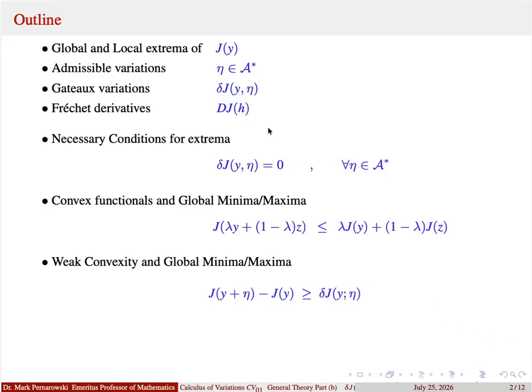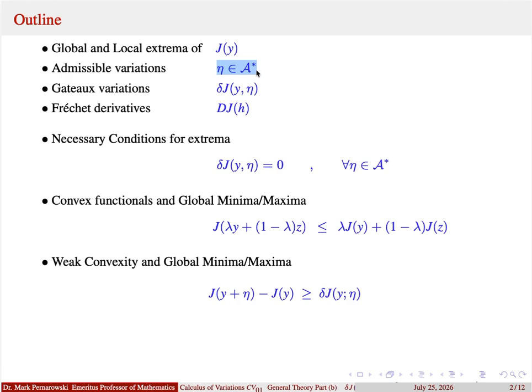In brief, I've got here on this one page, it outlines everything. There's some symbols and there's some words, and we're going to connect the two. We already know what a functional J of y is. We're going to talk about what it means to be a local or global extrema of a functional. And when we're talking about minima, we need to talk about possible variations of contenders for the minima.